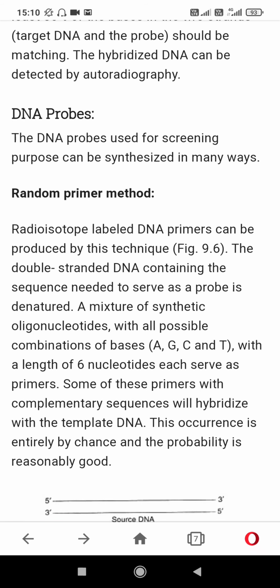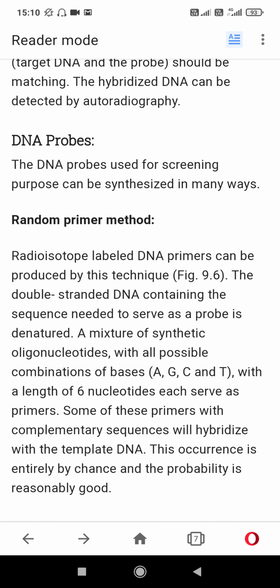Next is about DNA probes. They say that DNA probes used for screening purposes can be synthesized in many ways. Now you can prepare DNA probes in a variety of ways. Let us see. This is not a technique, this is actually the preparation of DNA probes. The first one was the technique, that is DNA hybridization.